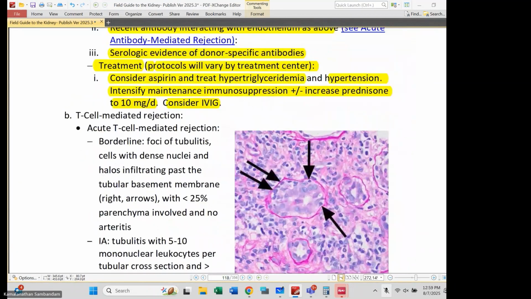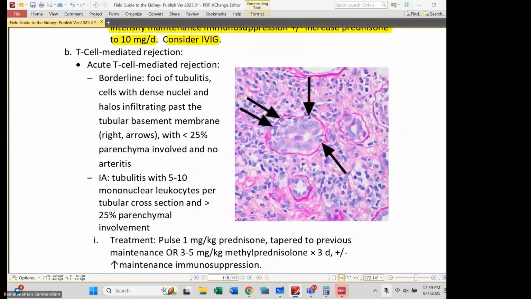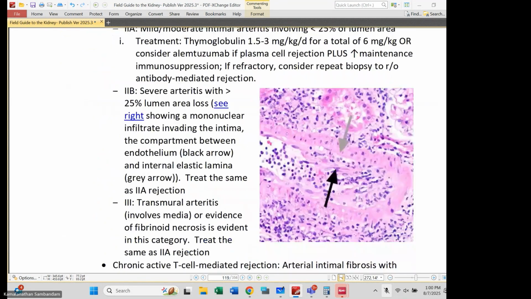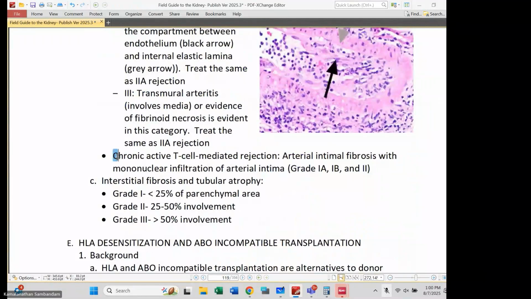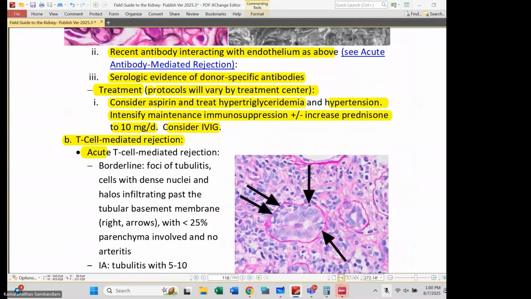Okay, let's get through TCR, even though we're kind of rounding at the end, because that's a natural stopping point. Okay, TCR, again, acute and chronic. Nothing surprising there.